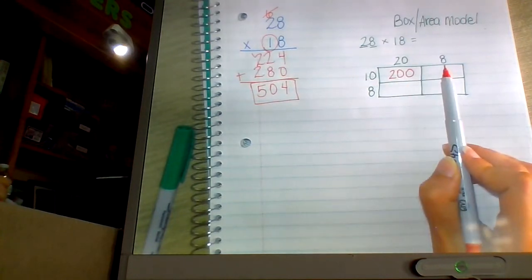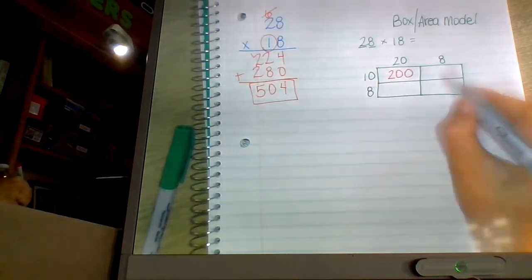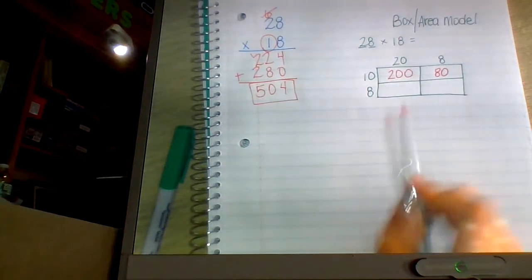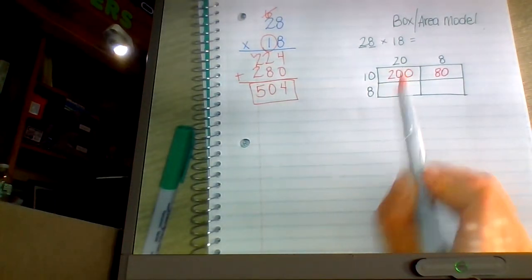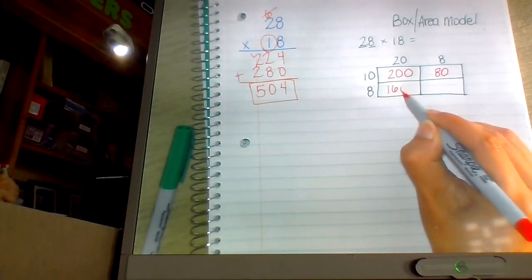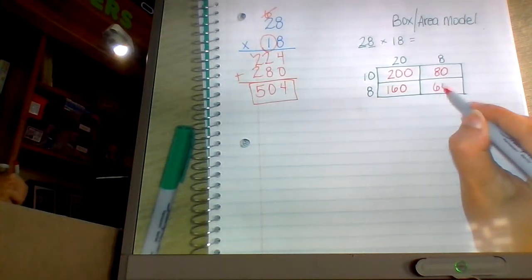Next, I'll multiply my 8 by my 10. 8 groups of 10 is 80. Next, I'll multiply 20 groups of 8. And last but not least, 8 groups of 8 is 64.